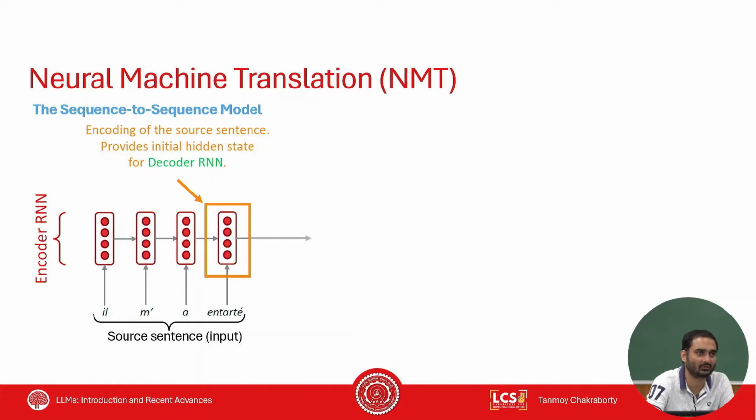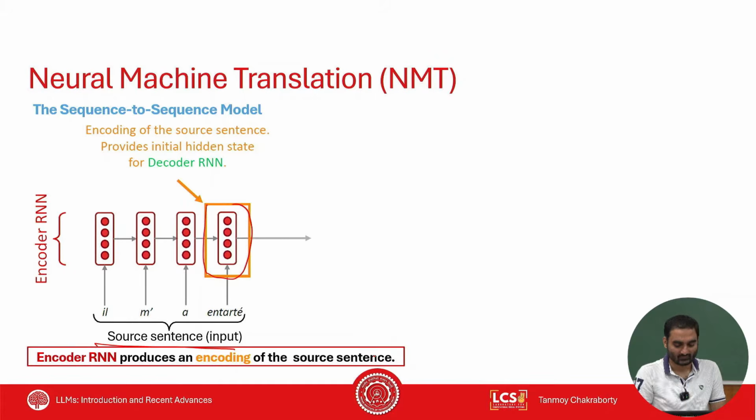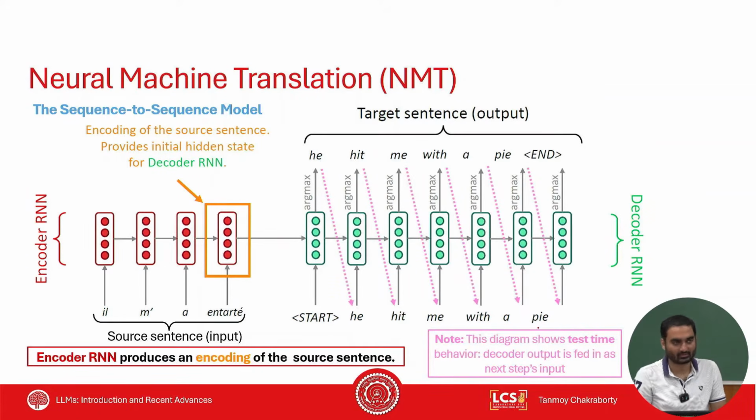In a sequence to sequence model, since there are two sequences involved, input and output, we will use two RNNs. One RNN will process the input, another RNN will process the output. Let's say this is the French sentence. I'm not able to pronounce it at all, I don't know French. You use a simple RNN to encode the sequence, and let's say this is the last hidden state, and this is your output.